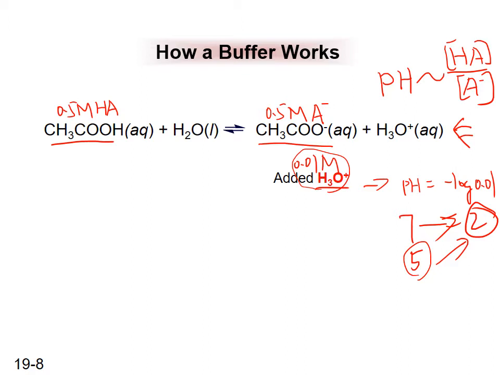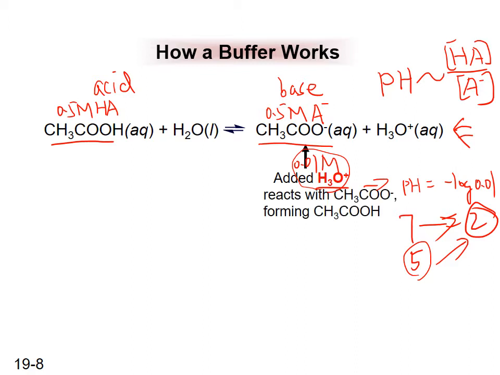But if we add this to the buffer solution, acetic acid and the anion, what happens? Well, notice that in this solution we have an acid. We also have a base, the conjugate base, the anion. This base will react with hydronium ion. So the hydronium ion reacts with acetate anion, the conjugate base, to generate the acid, acetic acid.